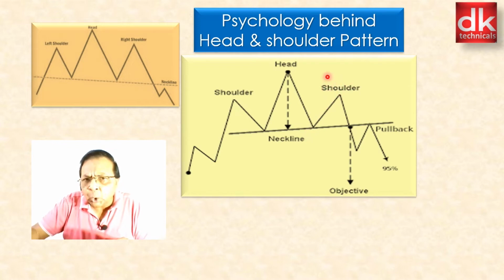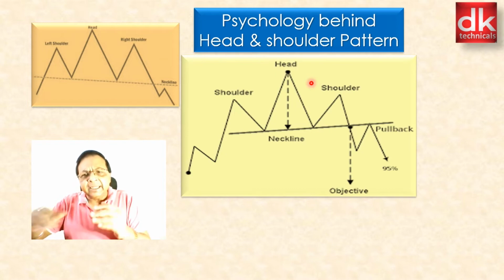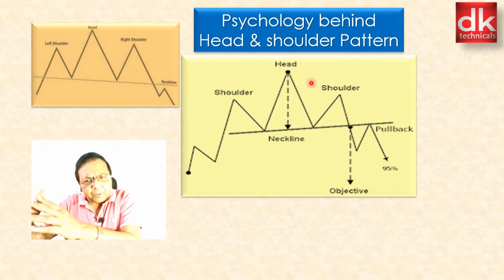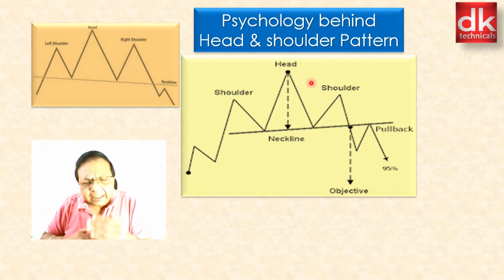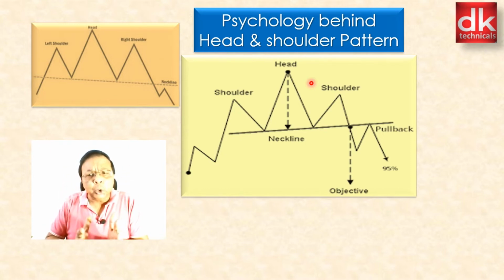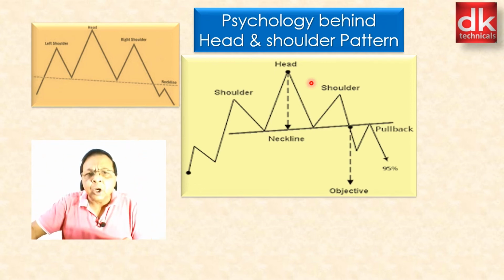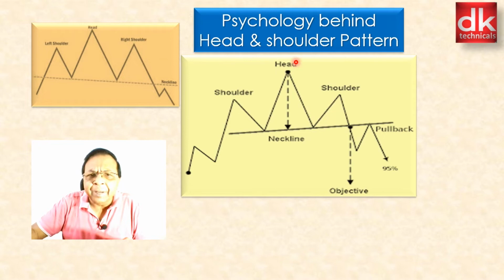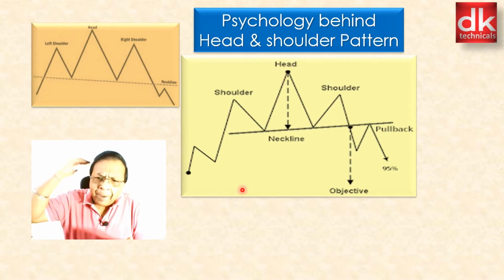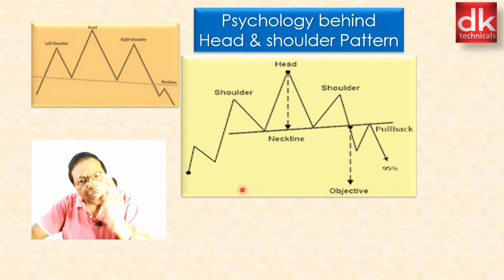Price failed here to make a new high, which indicates that there is diminishing momentum on the upside, and sellers are slowly coming into control because the buyers failed to push the price higher. The normal structure should have been that the price would go and beat this high and go past the previous high, but it did not happen.